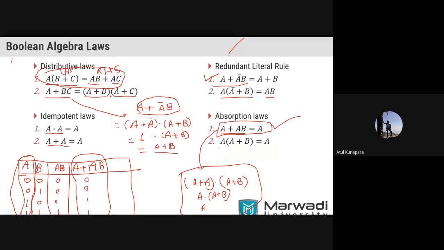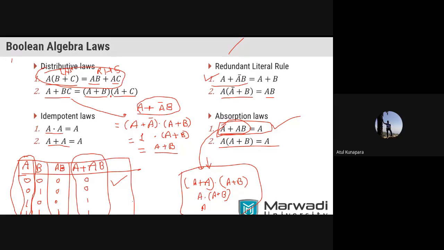Same kind of proof you can give for the second rule of absorption law also. I will give you this method for expression reduction, going from LHS to RHS, that is A plus AB, right? And from that A plus AB we can reduce it to A. So that I will be showing you later on. Right now we just keep this proof with the help of truth table that we have just discussed here.